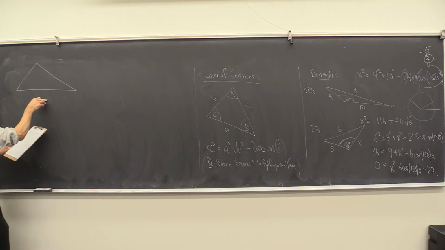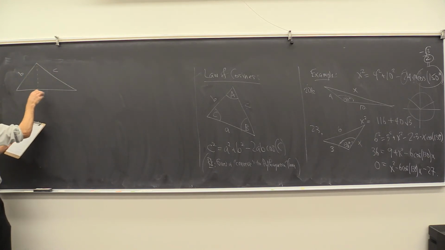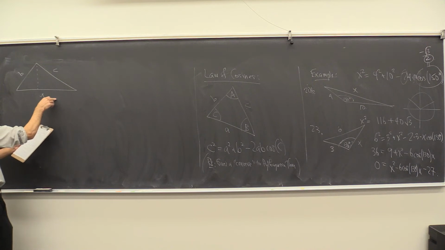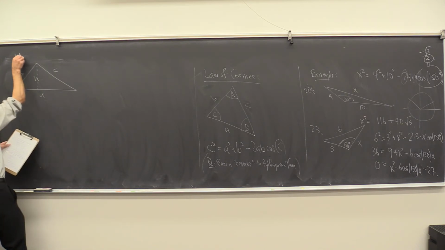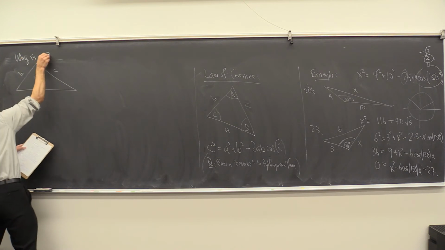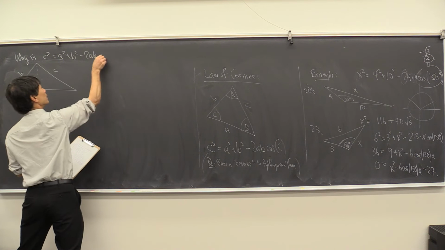So let's suppose that we have A, B, C like this, right? Okay. So why should we believe, why is c squared equals a squared plus b squared minus 2ab cosine c?